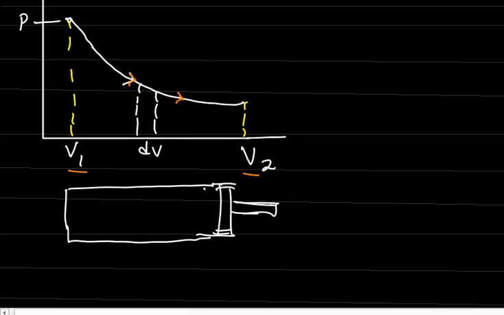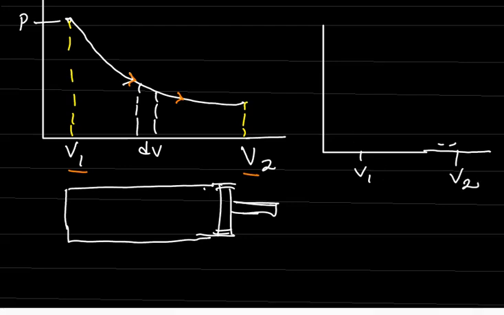That doesn't mean that is going to be the only path. So this is the path of movement from V1 to V2. It is also possible for us to have the same graph, and from V1 to V2, let's say this one is the upward stroke. Remember, in an engine there is both expansion and compression.